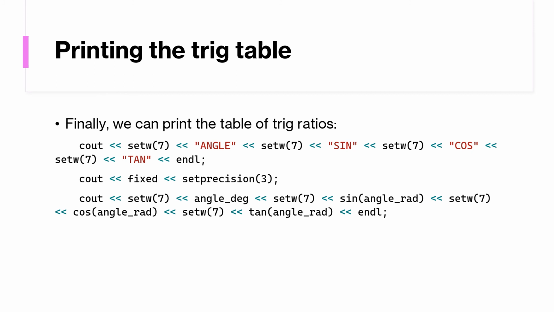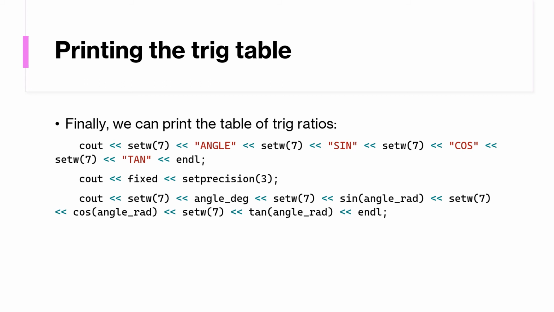Finally, we can print our table of trig ratios. Okay, we're going to set width 7 for angle. Actually, we're going to set width 7 for all 4 of our columns. We're going to print column headings angle, sine, cos, tan, and this time we're going to add one extra keyword to our set precision. We're going to call fixed.